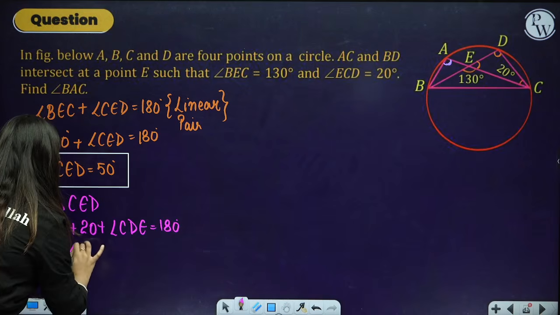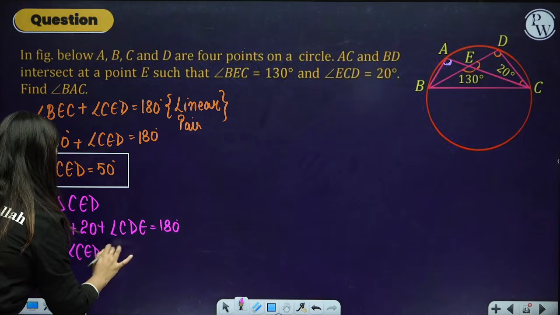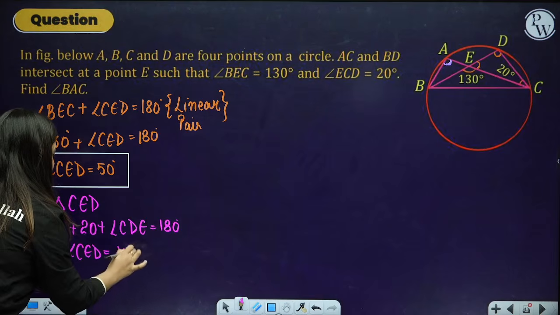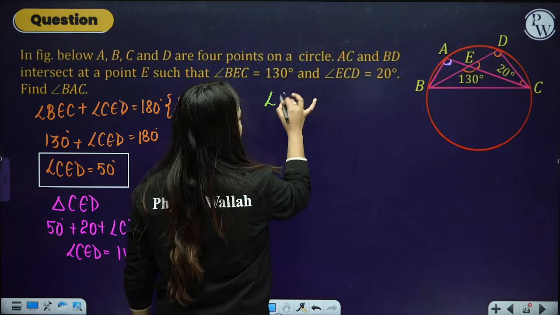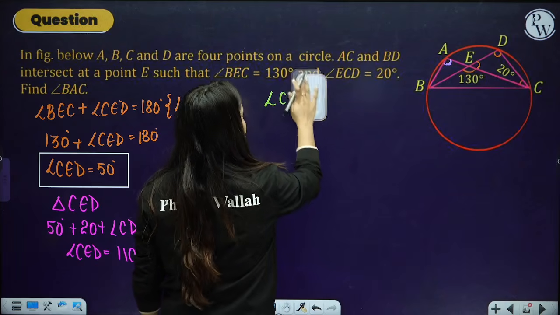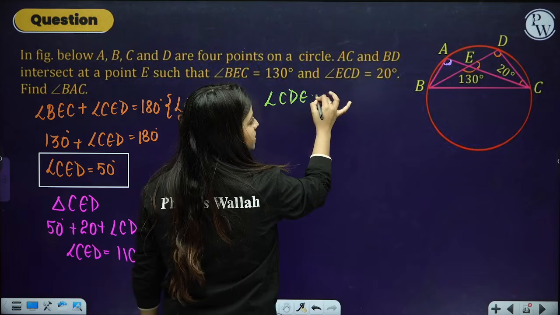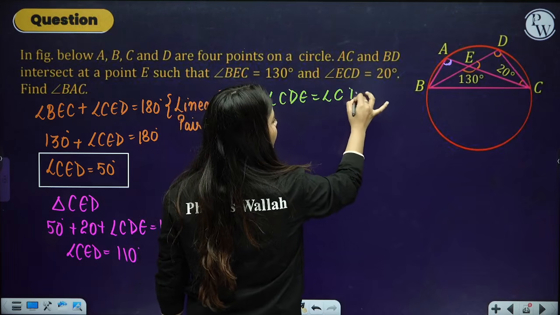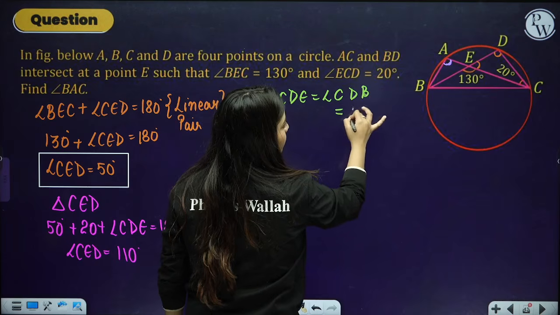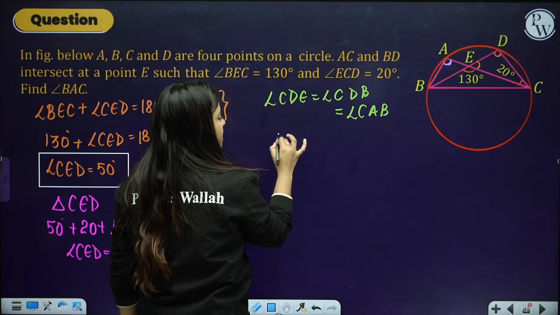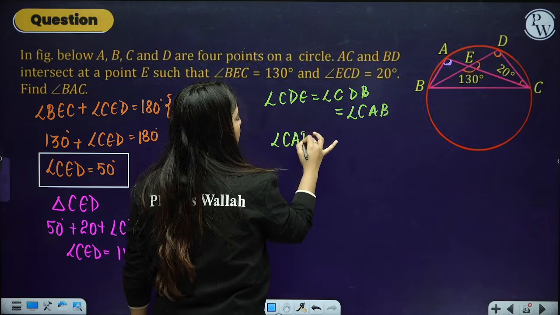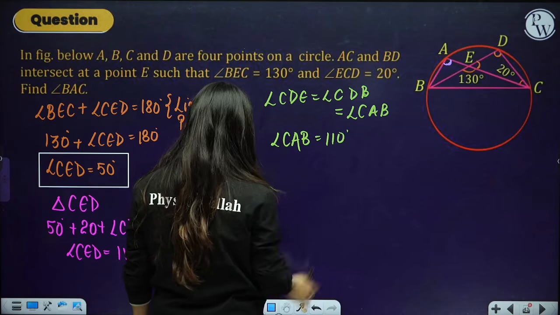So from here we get angle CDE as 180 minus 70, 110 degrees. Now at the end we can say that angle CDE is equal to angle CDB, which is equal to angle CAB or BEC, because they are angles in the same segment. So angle CAB from here comes out as 110 degrees.